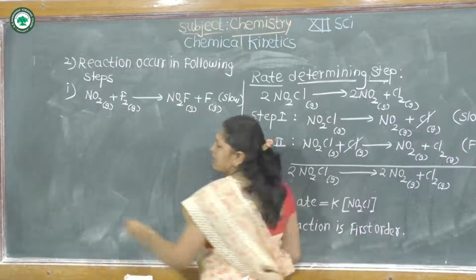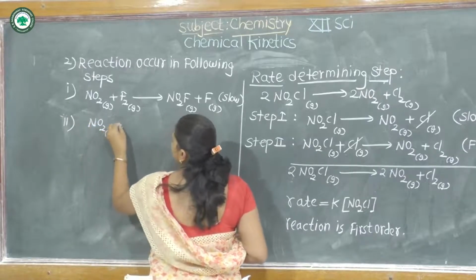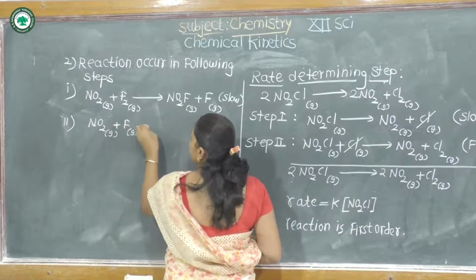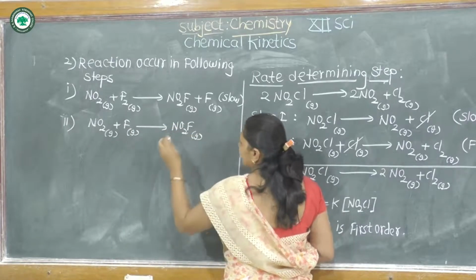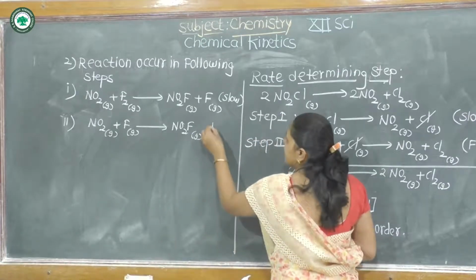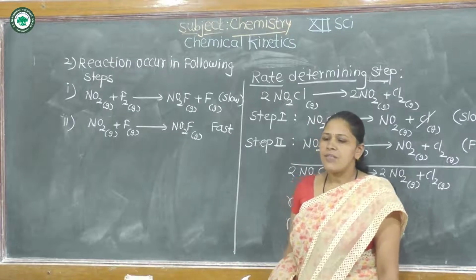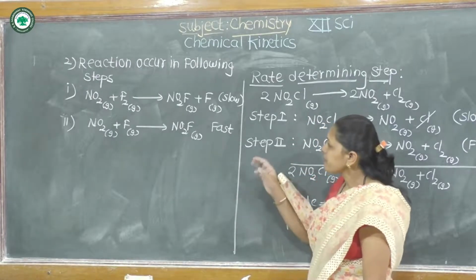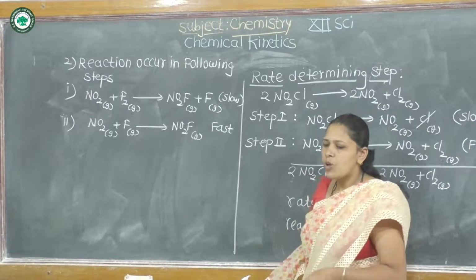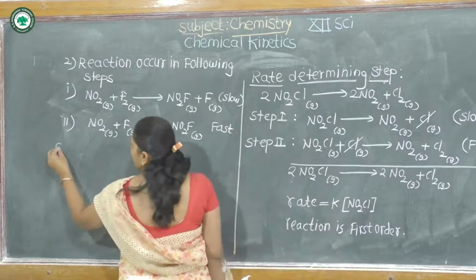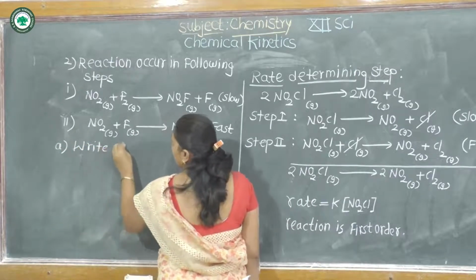The second step is NO2 gas plus elemental fluorine, which gives NO2F, that is nitryl fluoride. This step is the fast step. Here, for this example, we have to write the overall reaction. The first question is to write the overall reaction.